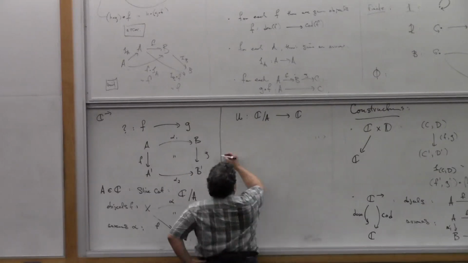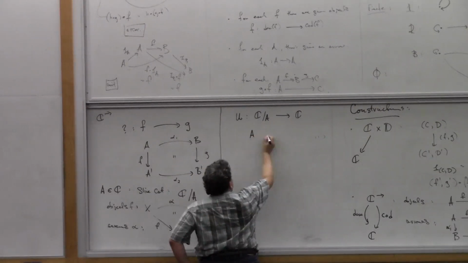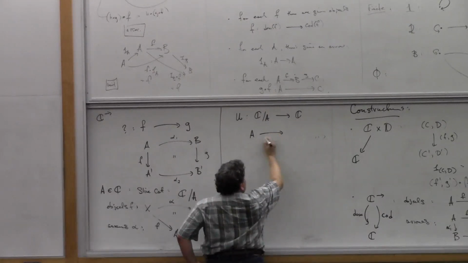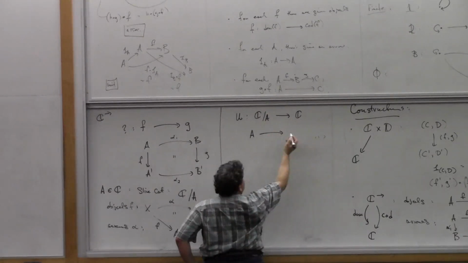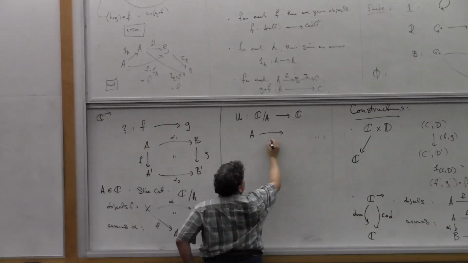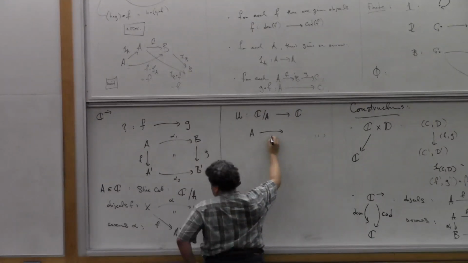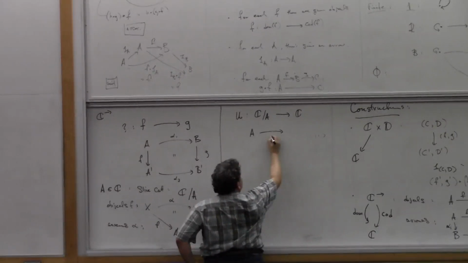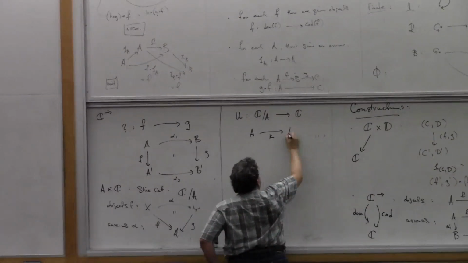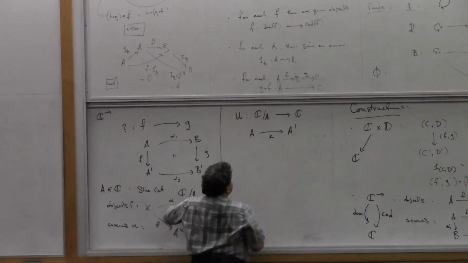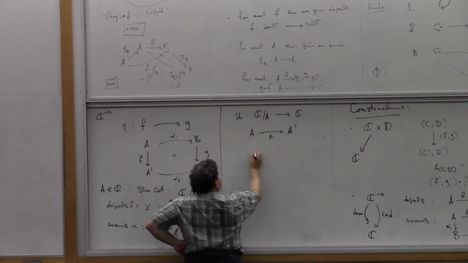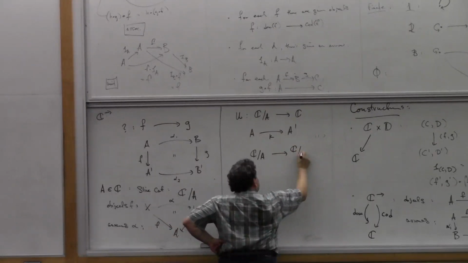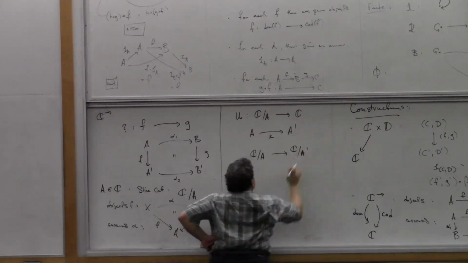And another thing that you can do is this. Let's suppose we have a map here, let's call it K, from A to A prime. Given any map like this, I get a functor from C over A to C over A prime.